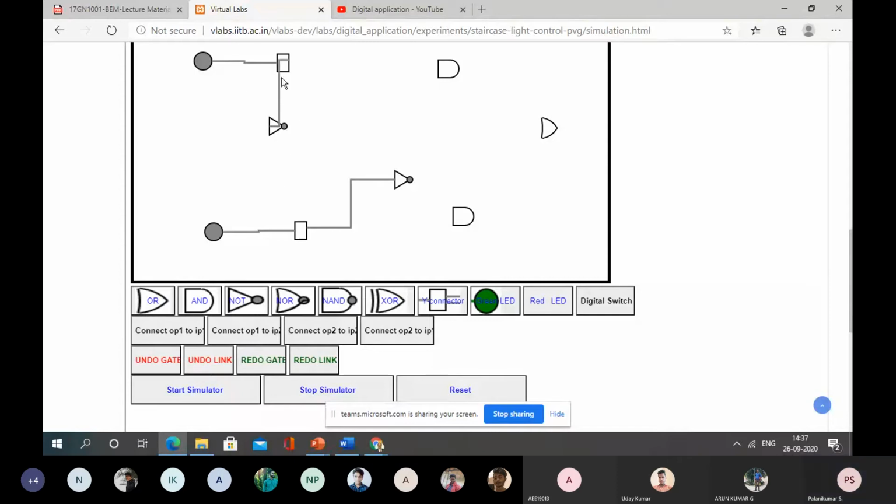Okay, so now I have two outputs. One is connected to this one, and this one to this one. Okay, so likewise I am going to connect this one.